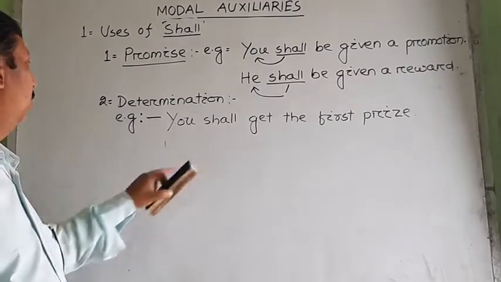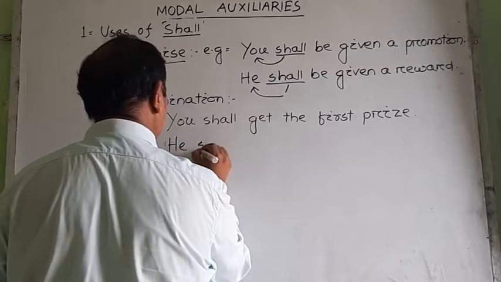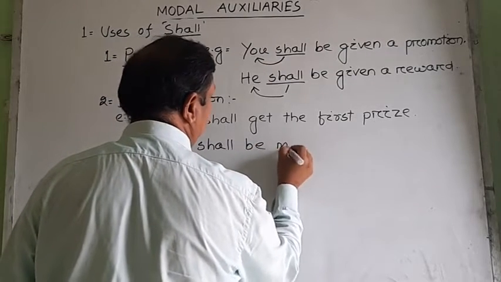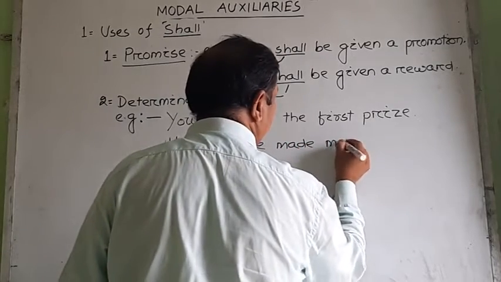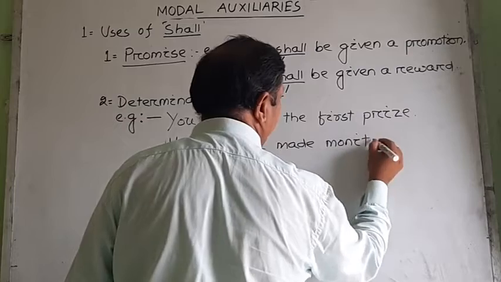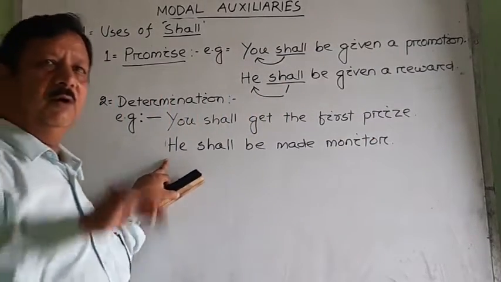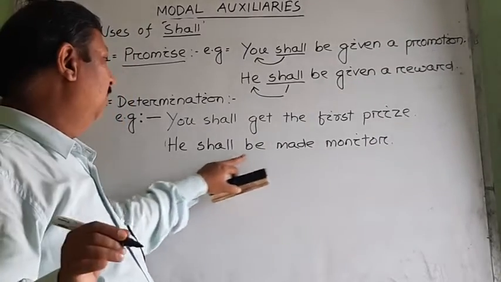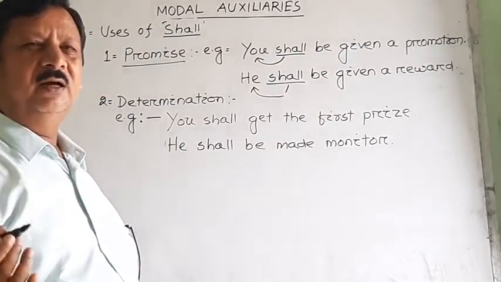See, so suppose another one. He shall be made monitor of the class. He shall be made monitor. Here suppose a teacher among all the students declares someone that he will be made monitor. Then all the students, they will just take it haphazardly.